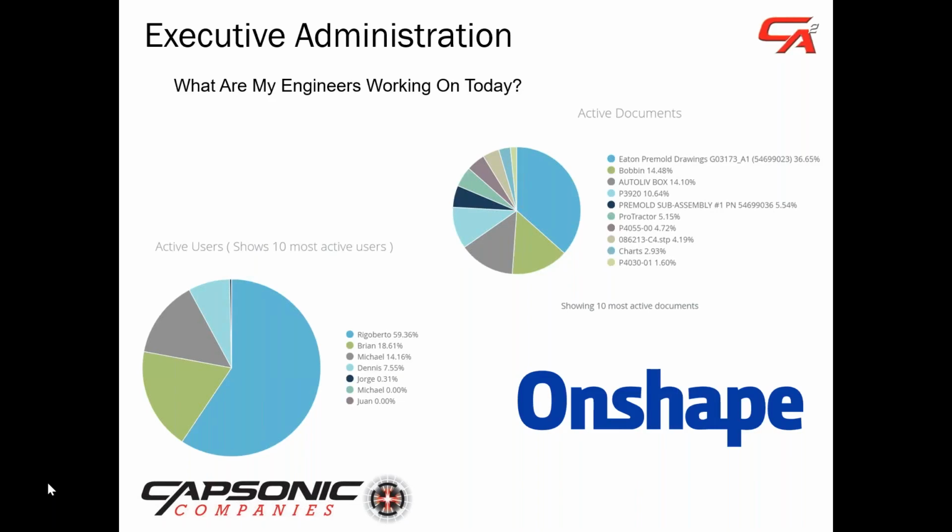And this within the CAD environment, right, and within the engineers and the projects that we're working on, this gives a little bit more insight and visibility into that area.